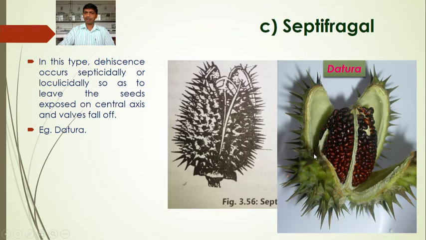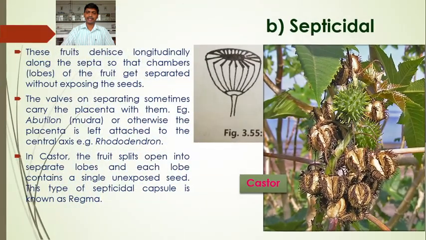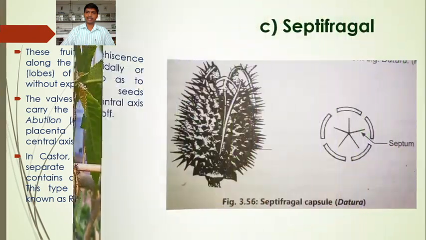So what happens in loculicidal, dehiscence occurs along the longitudinal lines between the sutures. This is the loculicidal. While in case of septicidal, it dehisces longitudinally along the septa. Okay, that is the septicidal.